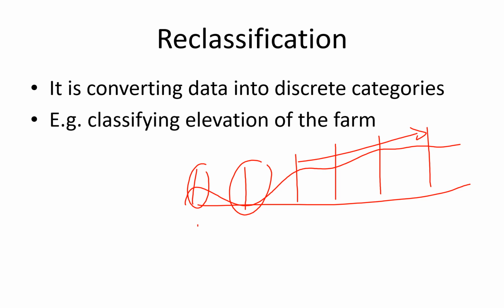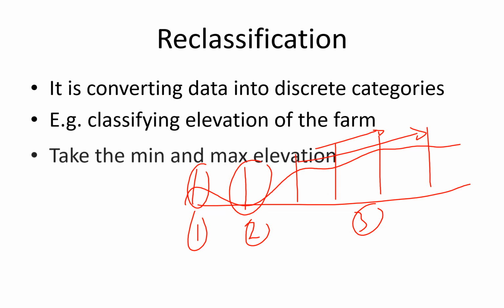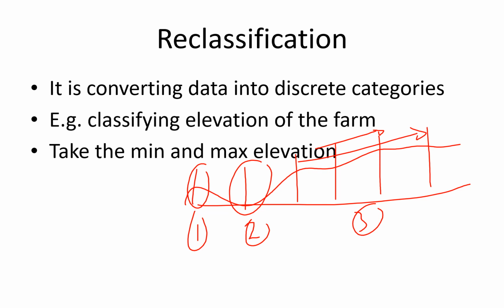We'll have this being category number 1, the valley bottom being category number 2, and this sloping place being category number 3. So simply, it is easier to interpret fewer categories than if you had so many categories. So that is the real essence of making reclassification.